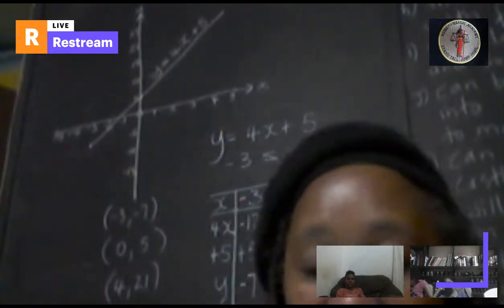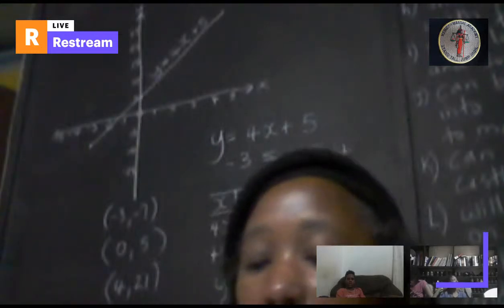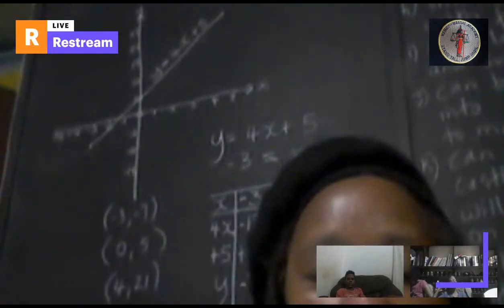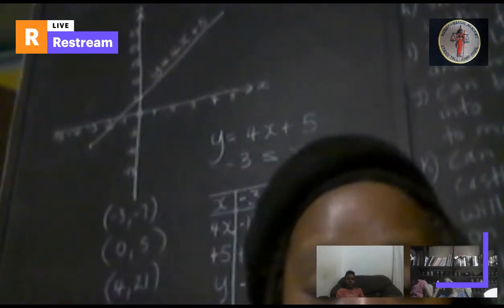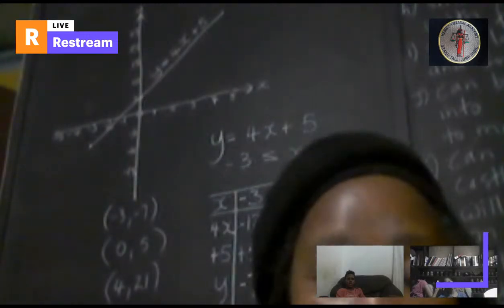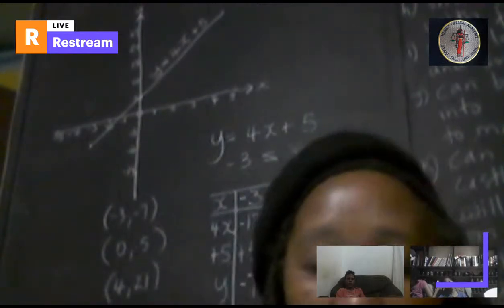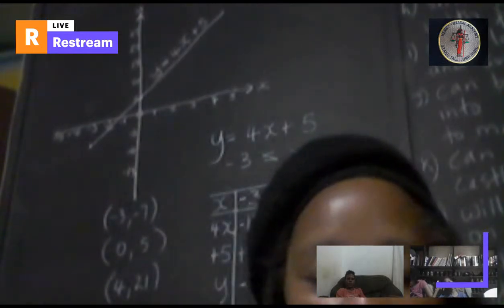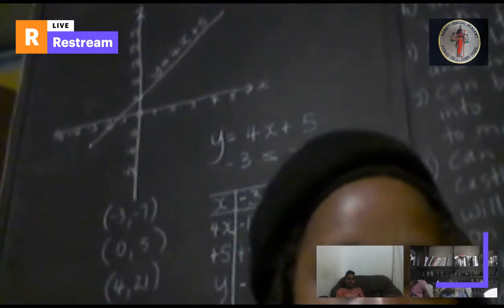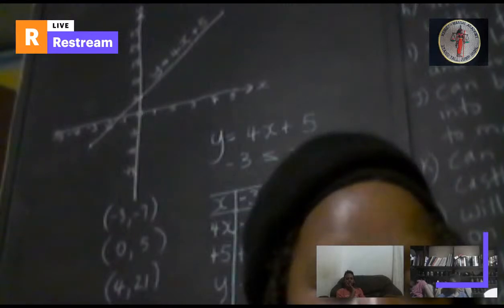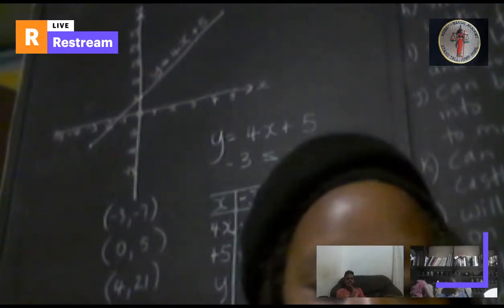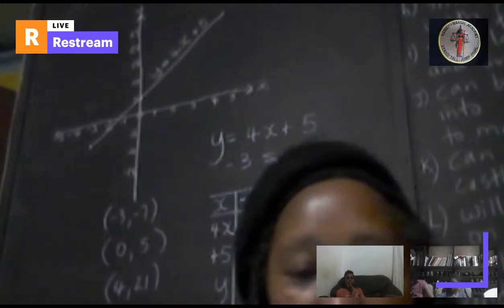The gradient is the coefficient of the x term. So in this case, we have a 4x. So that means that the gradient is 4. And we also can tell what we call the y-intercept, or where the line crosses the y-axis. So as you can see, the constant term at the end is 4. So that means the line crosses the y-axis at 4, where y equals 4.